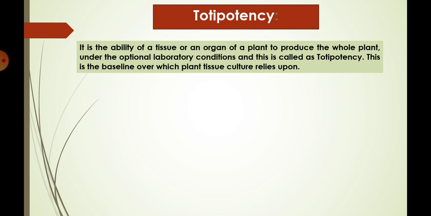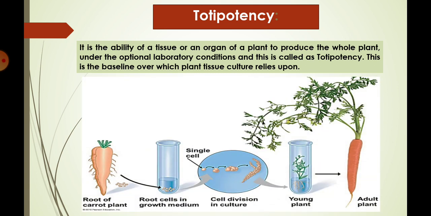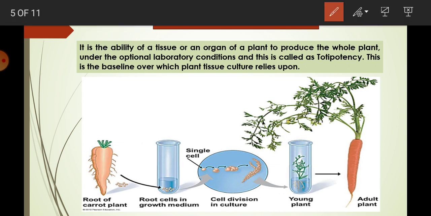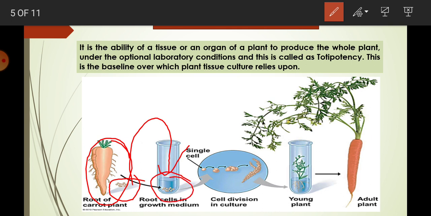And this is the baseline for plant tissue culture, because we use the totipotent cell for making a new plant. And here in this picture you are seeing the root of a carrot plant, and we will separate some cells from this and we will give them in the medium that will give them nourishment.